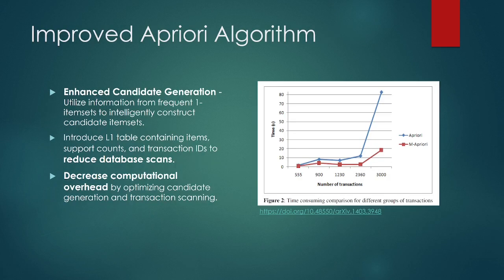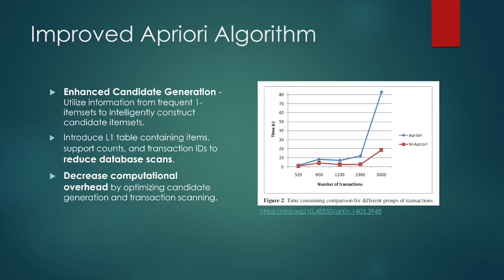To overcome the limitations of a priori algorithm, recent study has been done. The first one was enhanced candidate generation. They have also introduced a new data structure, which is the L1 table, which is reducing the database scans.